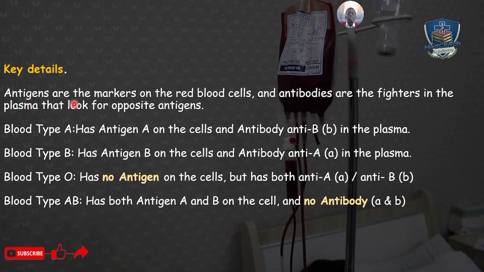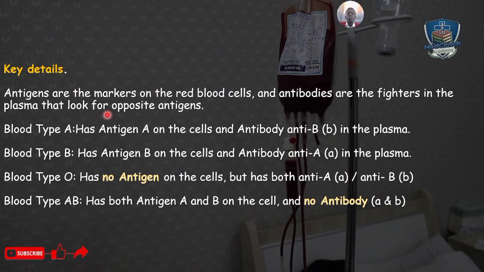The antigens are the markers found on the surface of red blood cells. Antibodies are always found in the plasma; we can call them the fighters in the plasma. The antibodies will react with antigens when the antigens are not compatible with the antibodies.